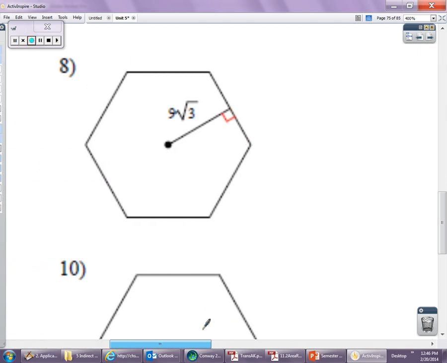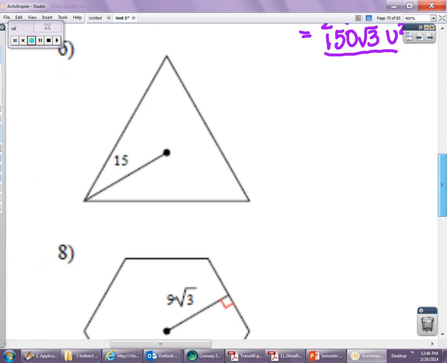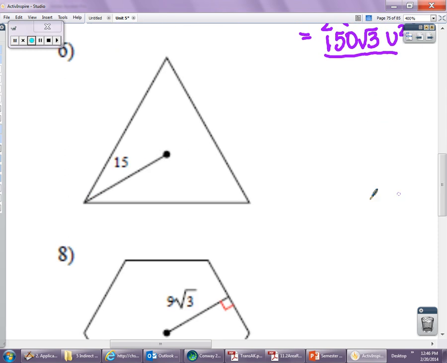So let's take a look at some of these other problems. Let's go back. Looking at number 6 is 15, that's my radius. In this case, that is not a side length, so I'm going to have to work backwards to find the apothem. So if I work backwards, I divide that in half, so my apothem is 7.5.